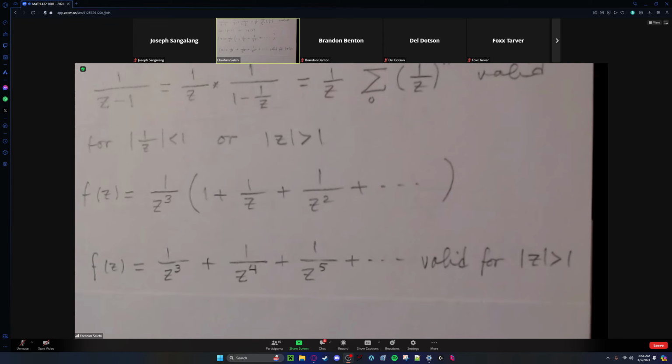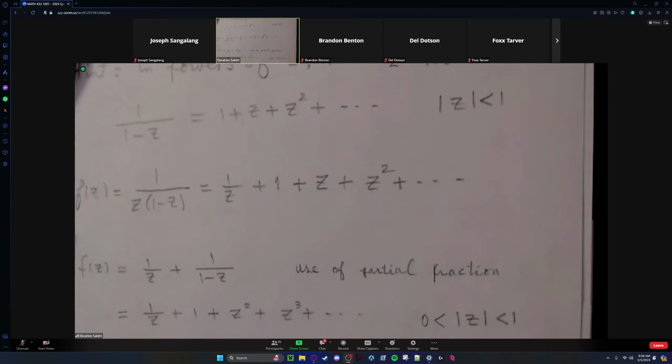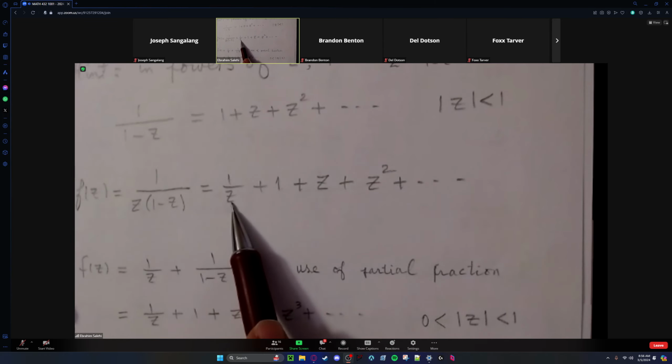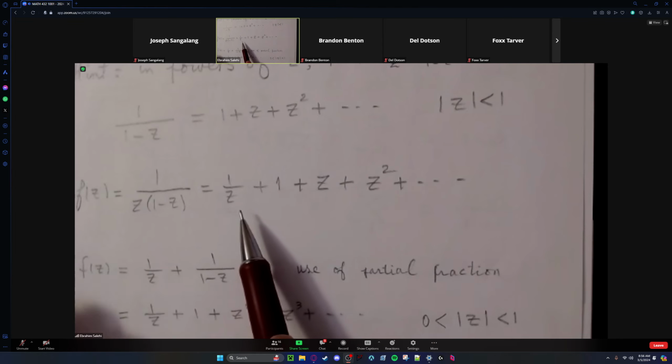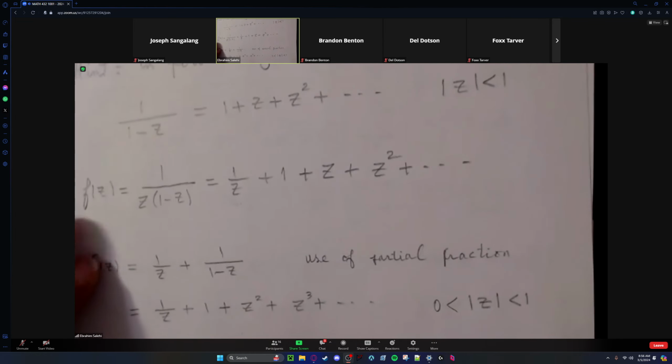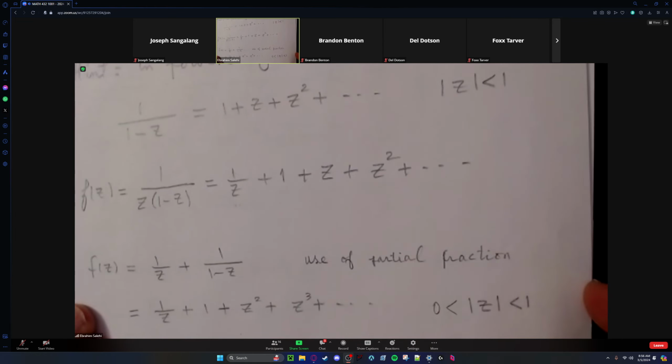Look at this previous example. I have a negative power as well as all positive powers of z here. But this is valid in modulus of z less than 1.